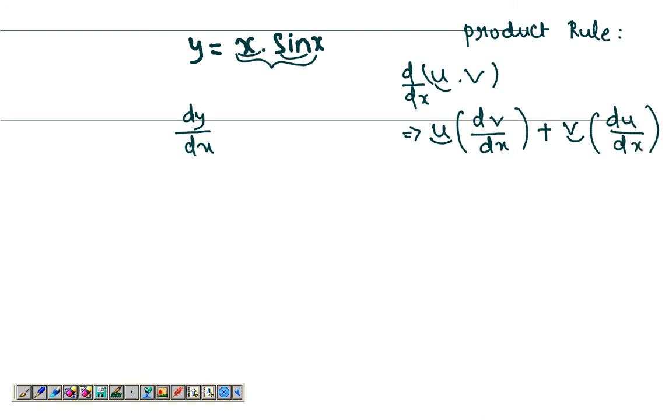Okay, the first function as it is, differential of the second, plus the second function as it is, and the differential of the first. So that's the simple product rule that we're talking about.